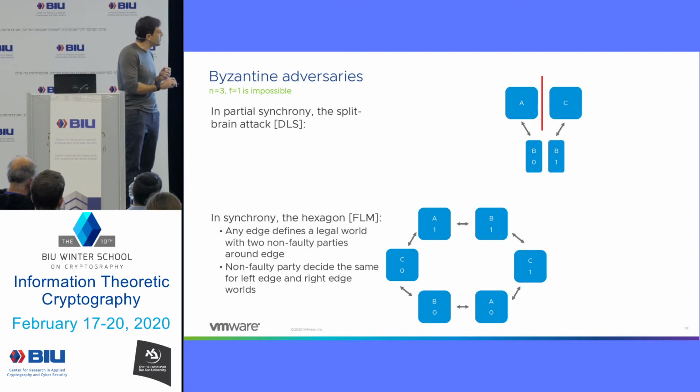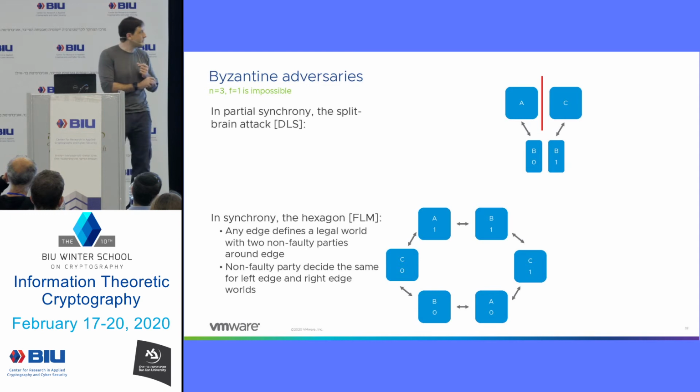So party C is seeing exactly the same view in the world where B is honest and all these 4 are malicious, and in the world where A is honest with C and these 4 are malicious. So it cannot distinguish between these 2 edges. Then you can move from one edge to the other, and since at the top you have to decide 1, and at the bottom you have to decide 0, you get a safety violation.